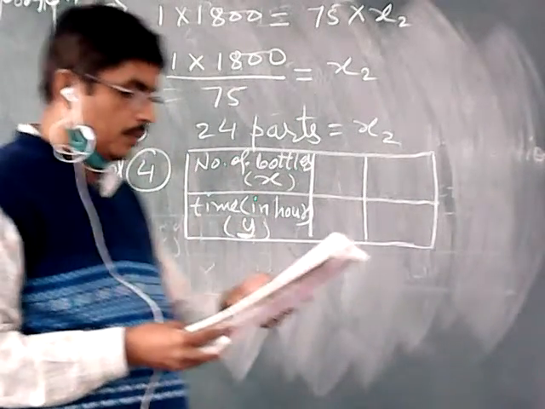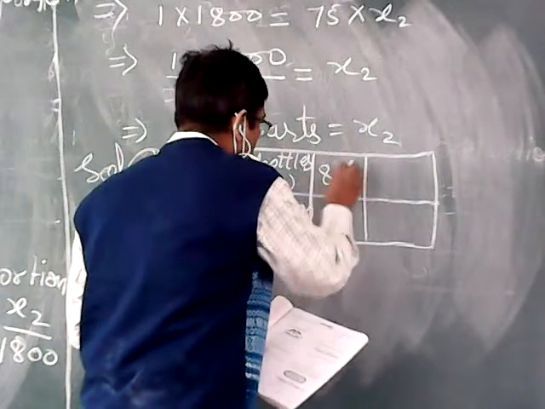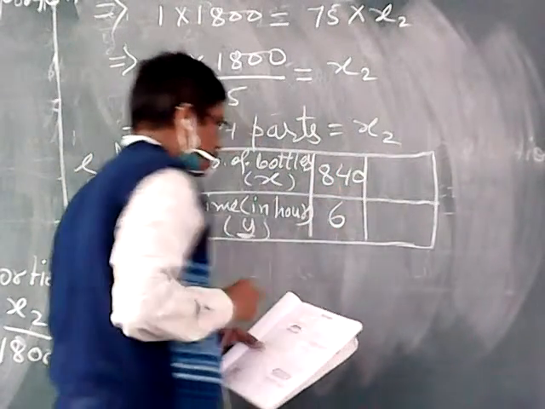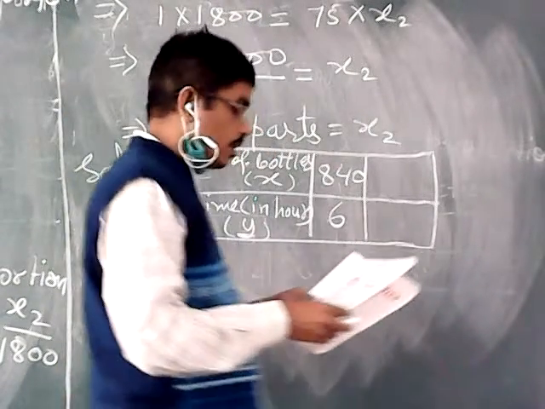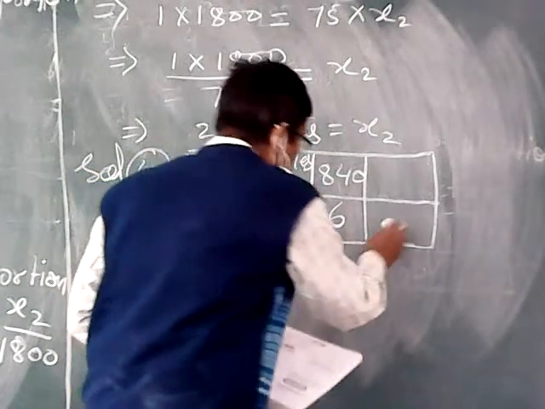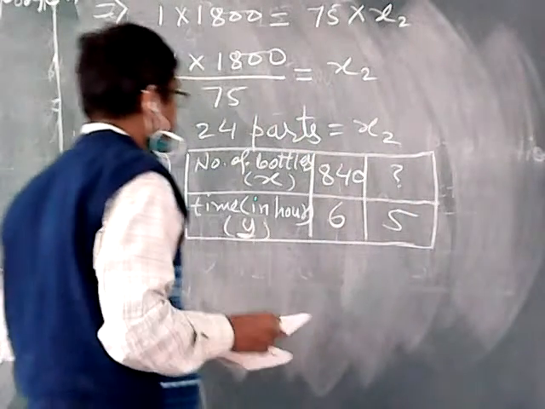Now, when the number of bottles is 840, time taken is 6 hours. We have to find, when time is 5 hours, what is the number of bottles?